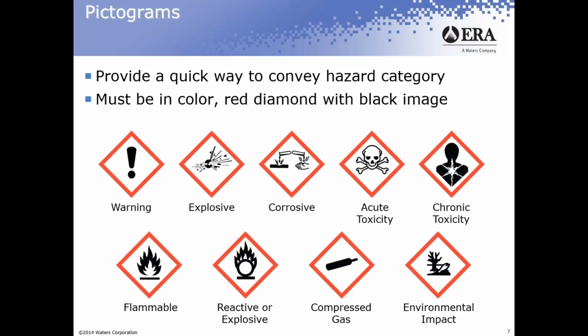And here's that environmental impact that we talked about just a few minutes ago. So although there are 9 pictograms here, each country, as they classify their chemicals or their preparations, will have different applications of these pictograms in their sets of regulations throughout the globe.